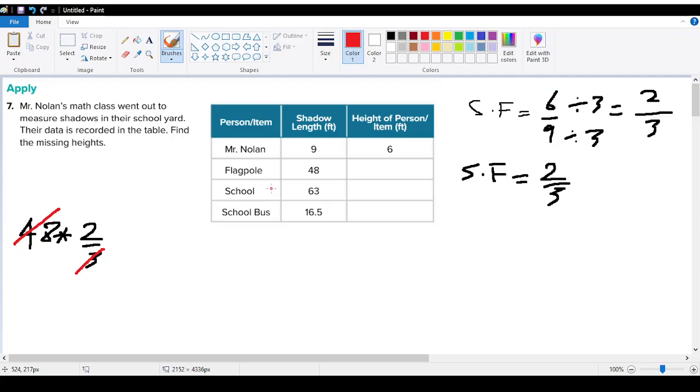Do it as a long division, Shamsa. You can do it as long division if it's really hard. Shamsa, how much? 14.